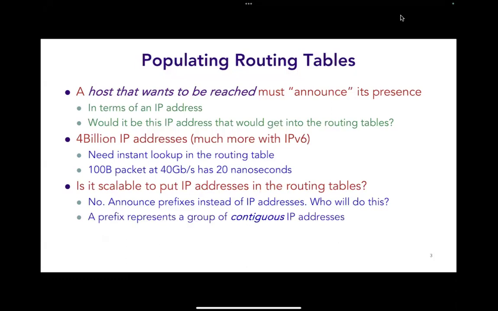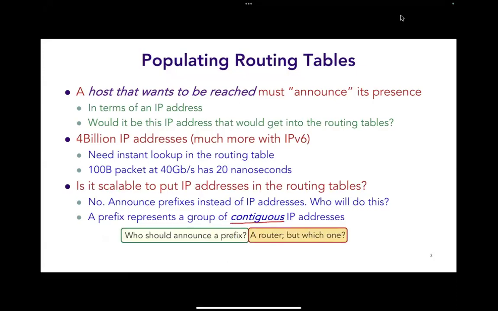So a prefix represents a group of contiguous IP addresses such that they can be represented by a single prefix. And who will announce this prefix? A router will announce the prefix. And which router will announce the prefix? Any router which knows how to reach any of those IP addresses represented by that prefix or covered by that prefix.